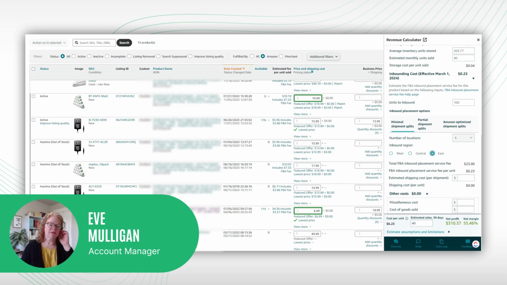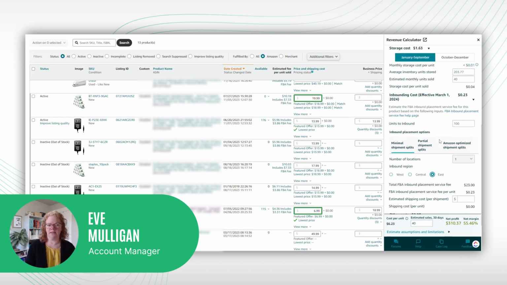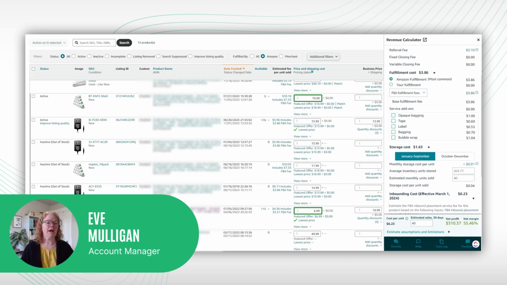What I love about this is that before you get to that shipping workflow, you can start playing around with where that sweet spot is. How much inventory do I have to ship in to maybe avoid it altogether? And while you're at it, take a look at what your per unit storage cost is and really weigh, can I tolerate maybe sending in more inventory than I want?